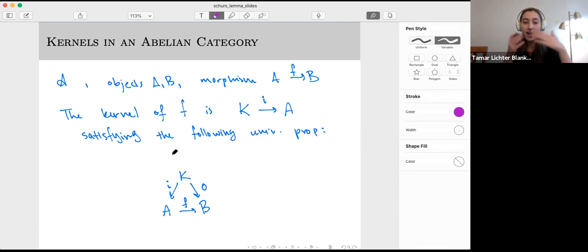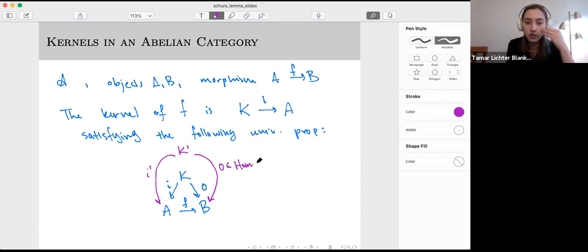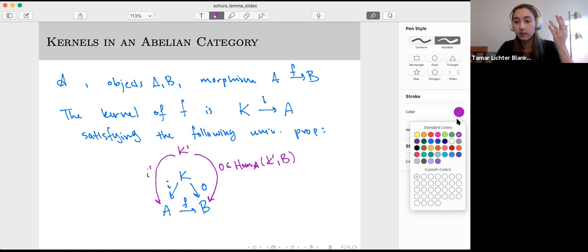The other half of this universal property is that if I take something else, K prime, that also maps to A by I prime, and this composition, do I prime then do F, is also 0. Remember, when I say 0, I mean 0 in Hom(K prime, B), because this is an abelian group, so it has a 0.